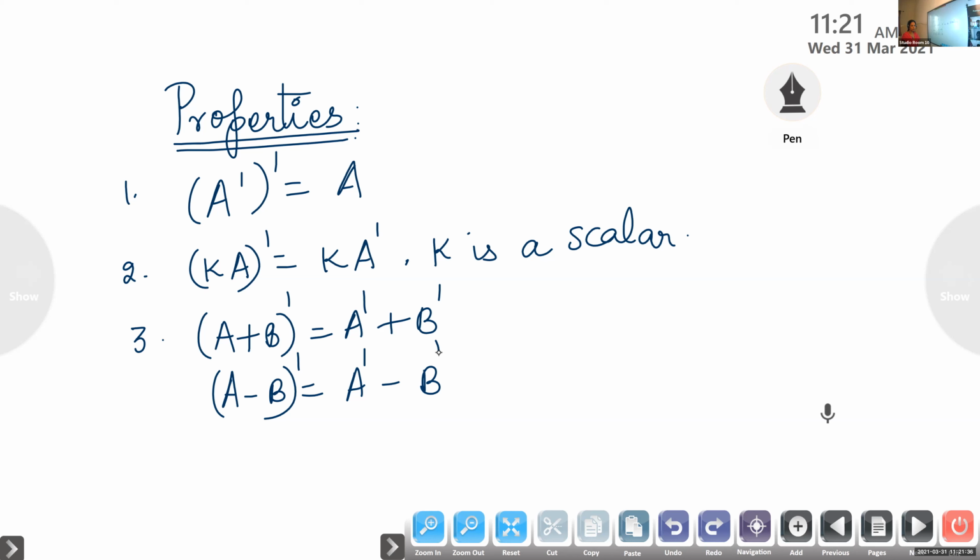So A plus B the whole dash is A dash plus B dash. What is A minus B the whole dash? It is A dash minus B dash.